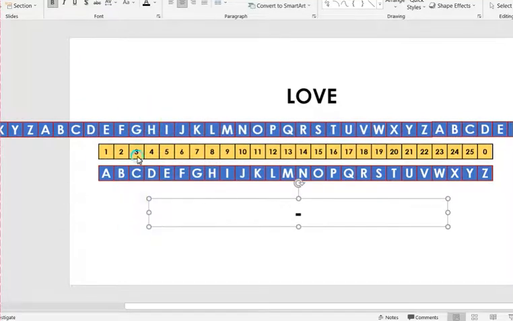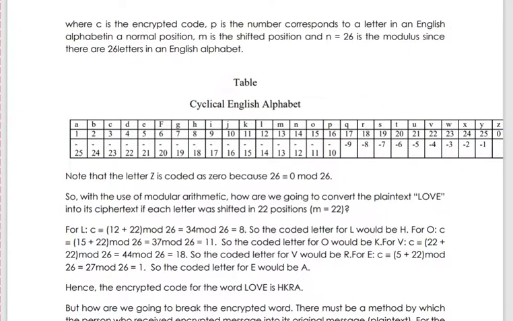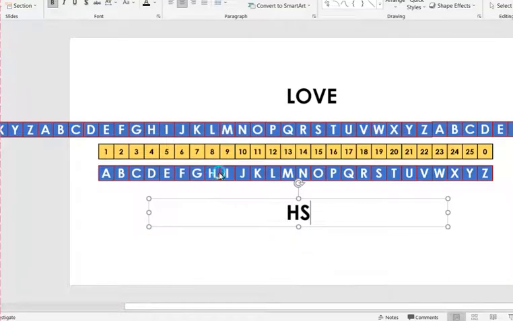So this one is our final value. So we have L is for H, we have O is now S, L is for, okay, O is for K. Take note, what we base on now is the shifted position, and this is your coded value below, so we don't get confused.